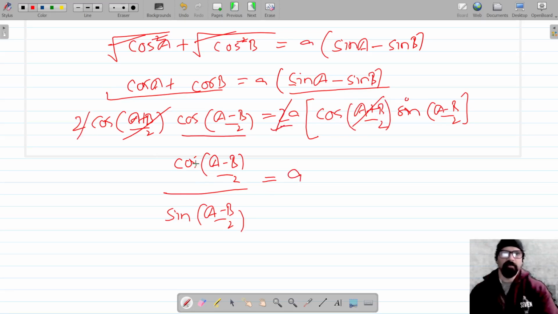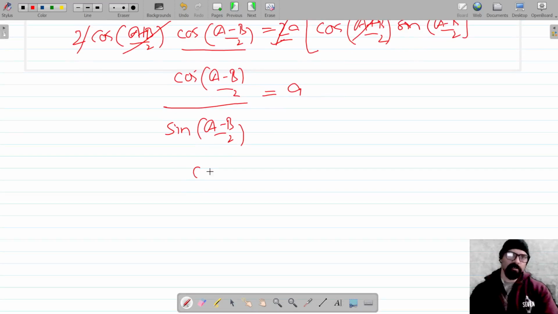And finally this is a, so cos by sine is cot. So this is cot of a minus b by 2 is equal to a.